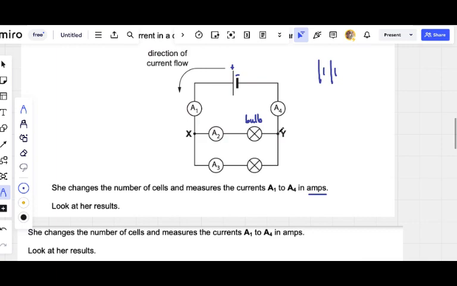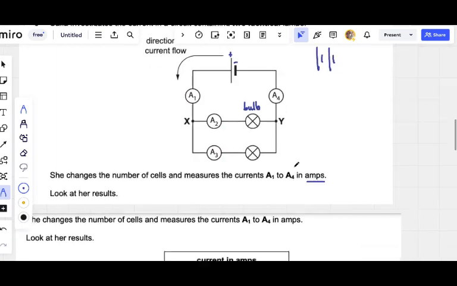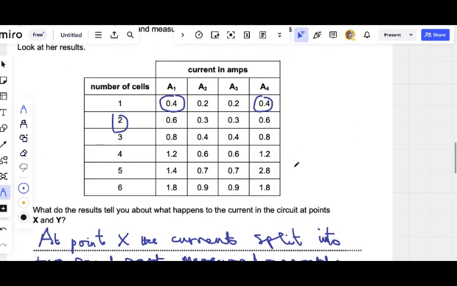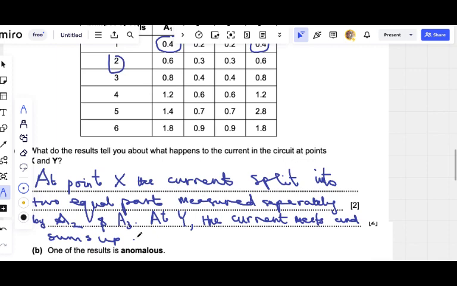So they sum up at Y, and then flow to this cell, and then flow to this cell. Okay, so this is what it is.